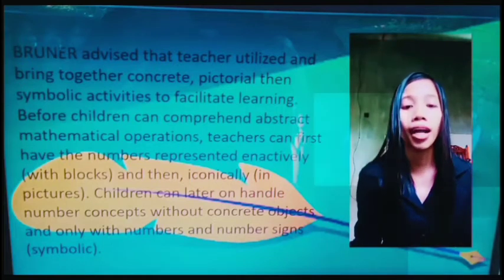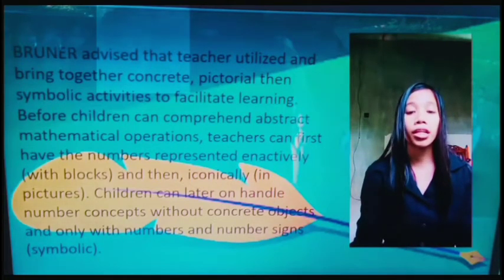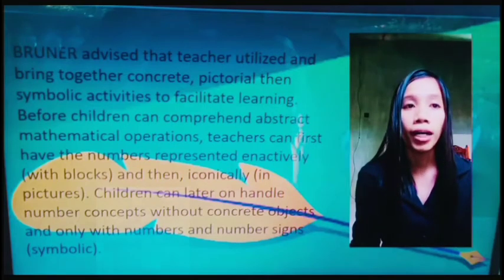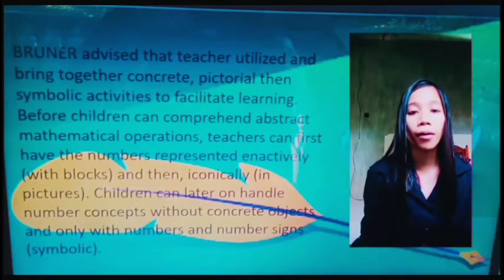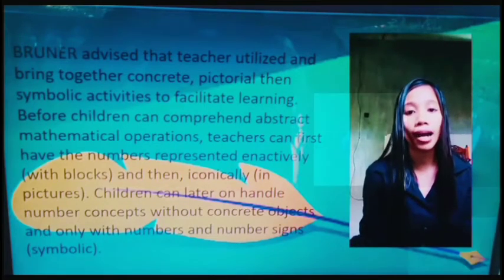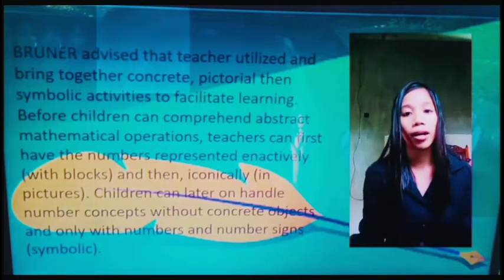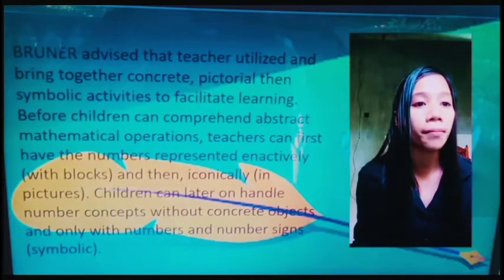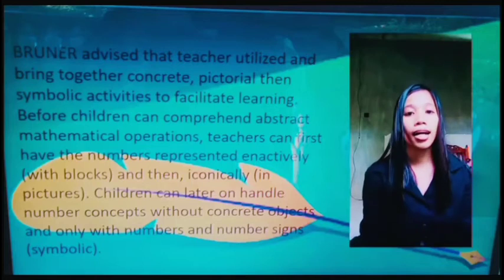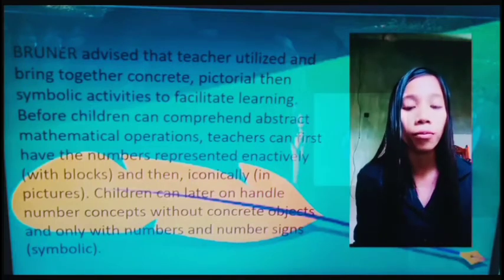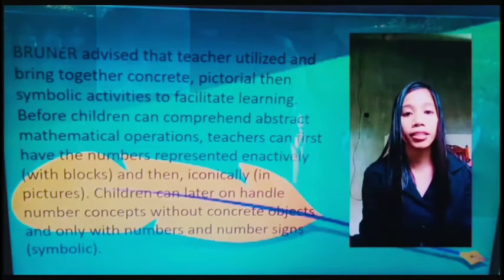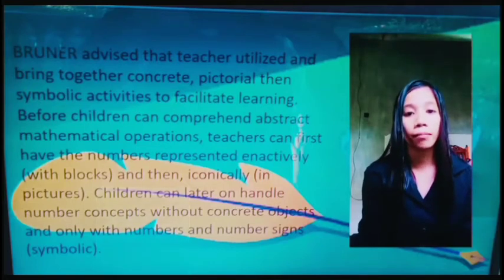Dito ay binibigyang advice ni Bruner ang mga guro upang sila muna o sila ang mauna na maghanda ng mga bagay-bagay para sa pagkaunawa ng mga mag-aaral. Dito din sinasabi na enactively ay ang guro muna ang re-representa ng mga bagay-bagay para mas maunawaan nila.